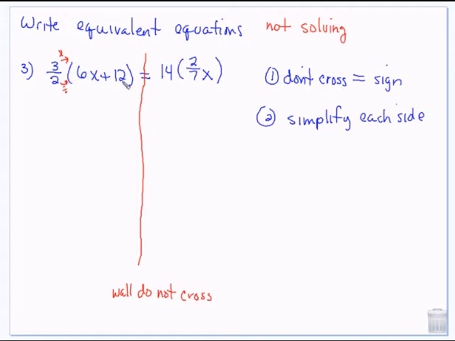I'm looking at the 6 and the 12 and seeing if they divide by this denominator. They both do, right? 6 and 12 both divide by 2? Yeah. So I'm going to take this 2, and 2 goes into 6 3 times, and 2 goes into 12 6 times. If they divide evenly, yes.